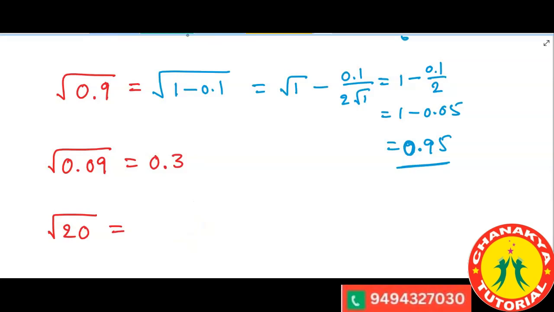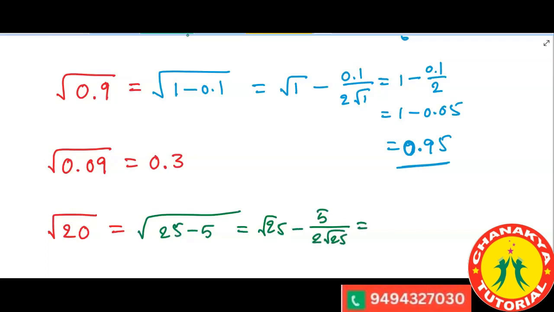Okay, proceed. Sir, we can write 20 as 25 minus 5. Okay. Root 25 minus 5 by 2 into root 25, which is 5 minus 5 by 2 into 5, that is 10.